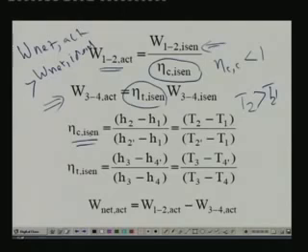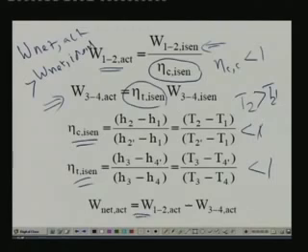I am sorry, I think it is the other way. T2 is actually higher because T2 dash is for the isentropic process, so this will be less than 1. And for the turbine also you can write the efficiency in terms of the temperatures. Again this will be less than 1, because as you have seen the actual temperature at the exit of the turbine will be higher than the temperature in an isentropic process.